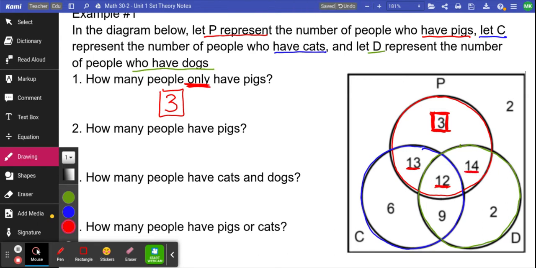So when I say how many people have pigs, I need to add all the numbers that fall within the pig circle. If you take out your calculator, you go 3 plus 13 plus 12 plus 14 for a total of 42 people who own pigs.